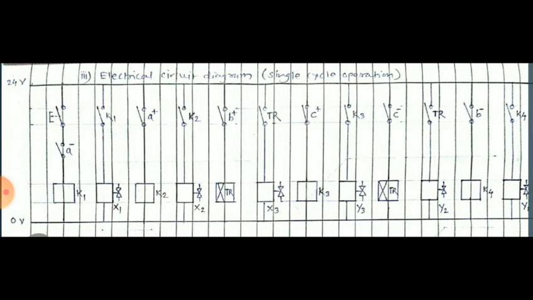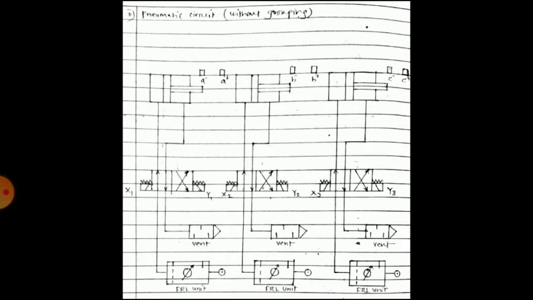You can see here the last two vertical lines. B minus will activate the relay coil K4. Relay coil K4 activates the relay switch K4, which will activate the solenoid Y1.